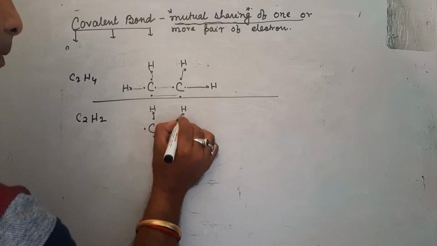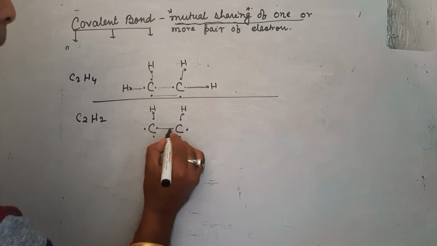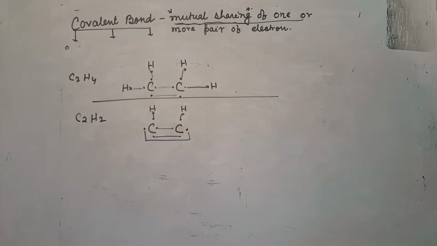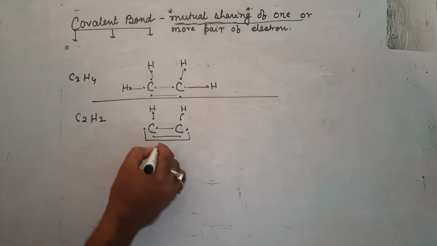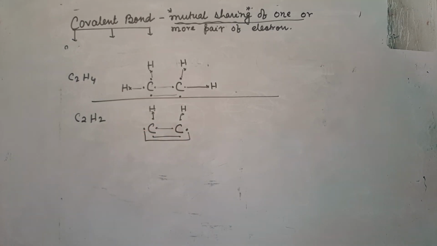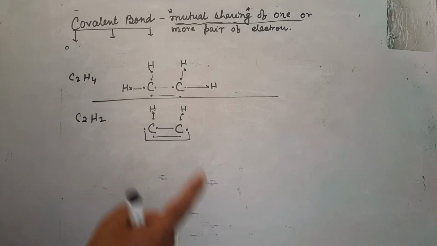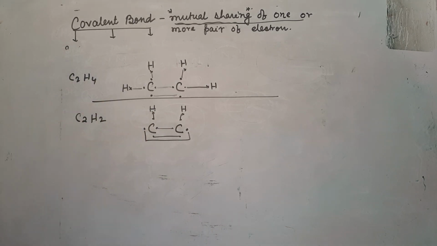They share, and these 3 electrons, 1, 2 and 3, are shared with each other. So there it is a triple covalent bond. That means 1 pair of electrons is a single bond, 2 pairs a double bond, and 3 pairs a triple covalent bond. Clear?